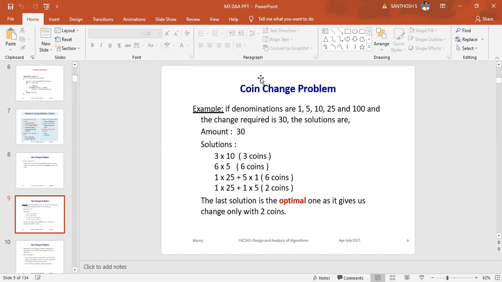So 30 is the amount. Using these denominations, which gives the optimal one? Optimal means you have to go with the smaller number of coins.